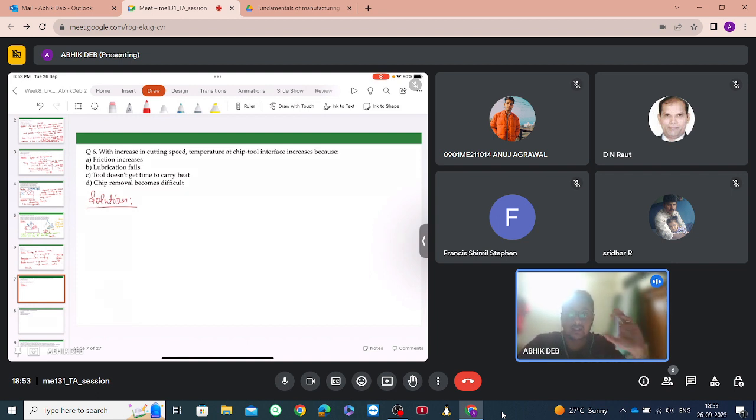So with further increase in the cutting speed, the resulting friction between the tool and the workpiece, or the chip and the tool, will decrease. The lubrication might fail because of the increasing temperature, but that is not essentially the case. The temperature at the chip and tool interface increases because the tool does not get enough time to carry away the heat, because the contact time between the chip and the tool decreases with the increasing cutting speed. That is why the tool does not get sufficient time to carry away the heat.